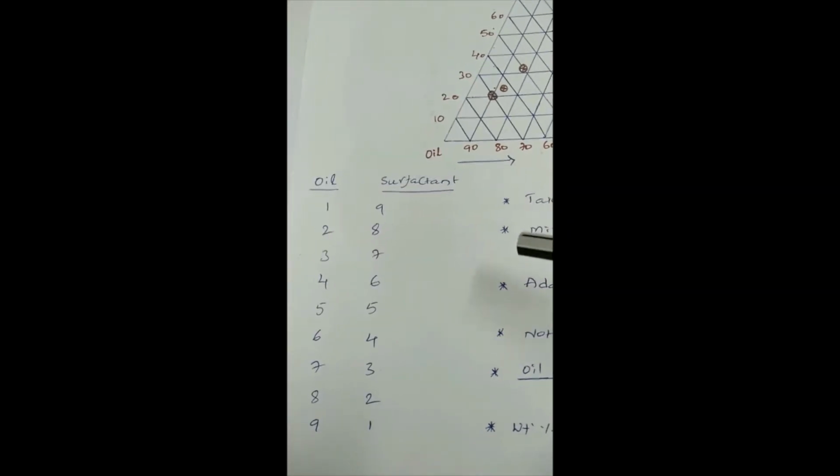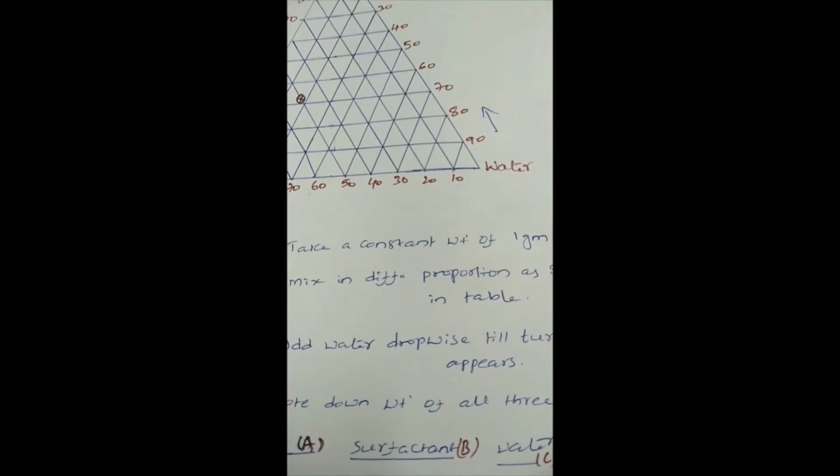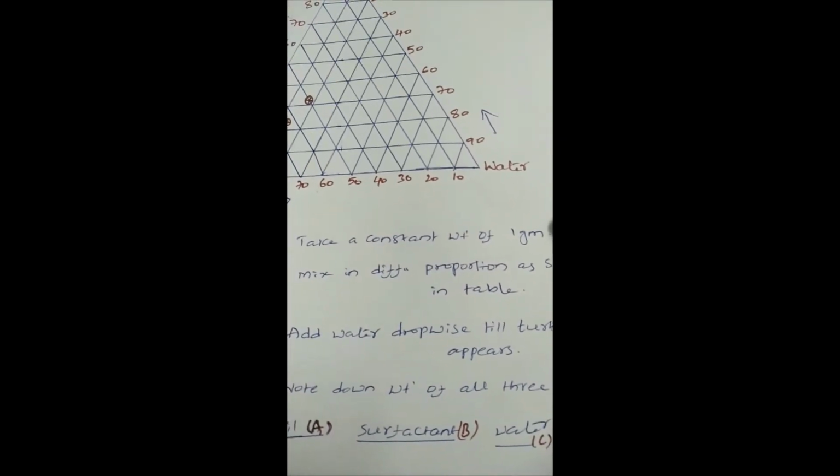We need to take a constant weight, either 500 mg or 1 gram. For convenience we will take 1 gram. So the weight of oil plus surfactant is constant, that is 1 gram. Only the proportion changes, as shown in the table.